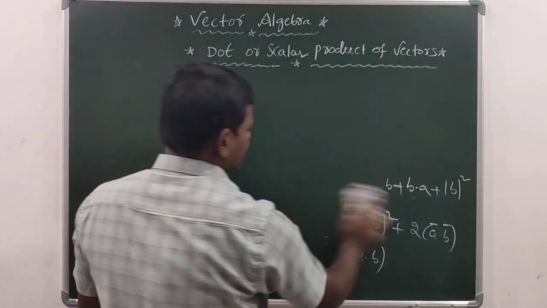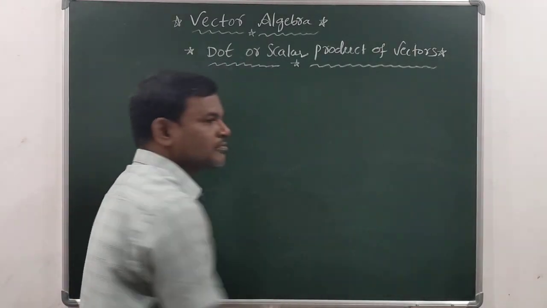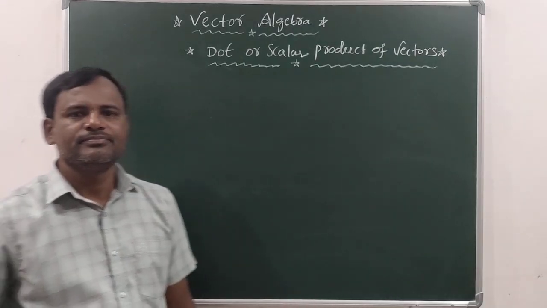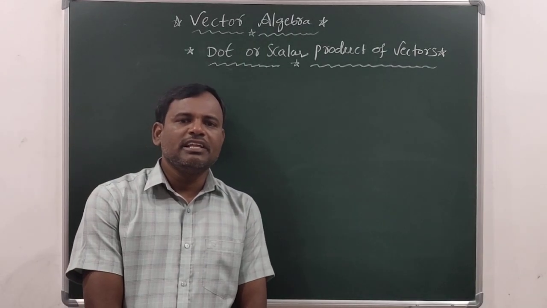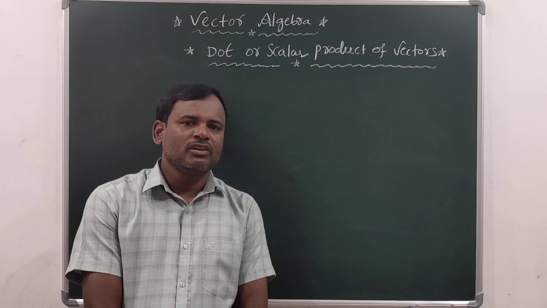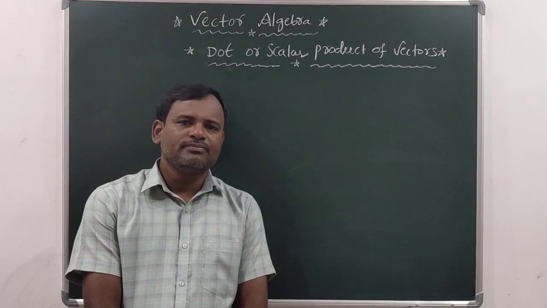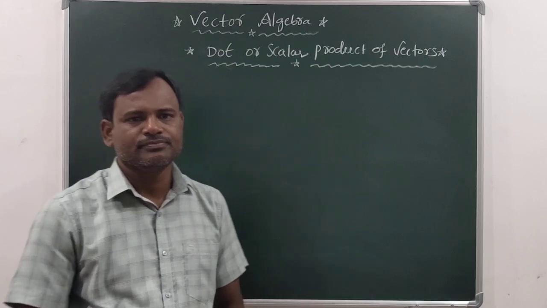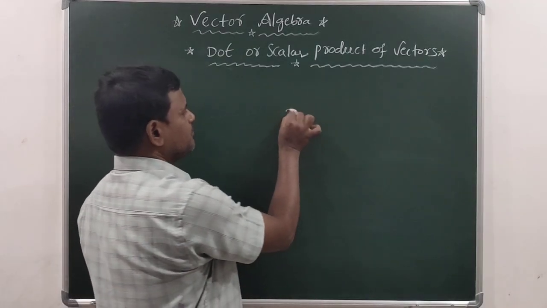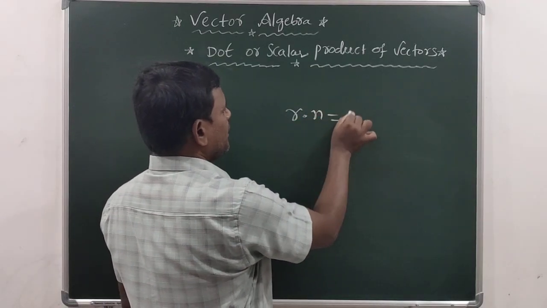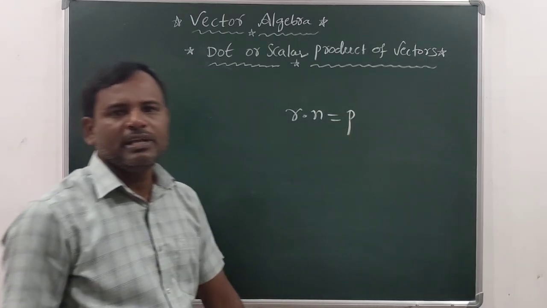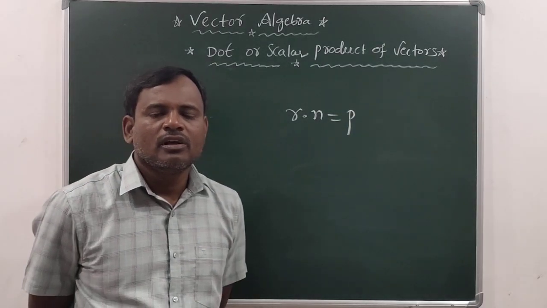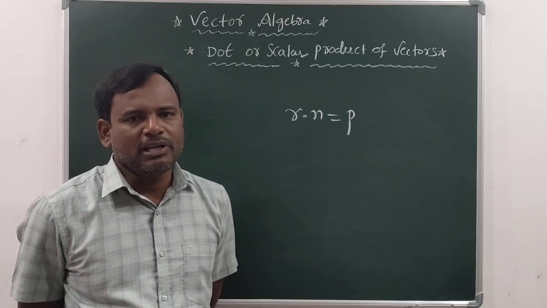See next, in 3D. Okay, there is a plane which is p units away from the origin. Its equation is r dot n equal to p, where n is the normal vector to the plane.